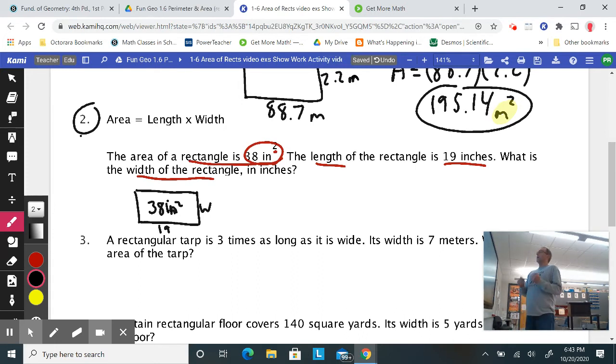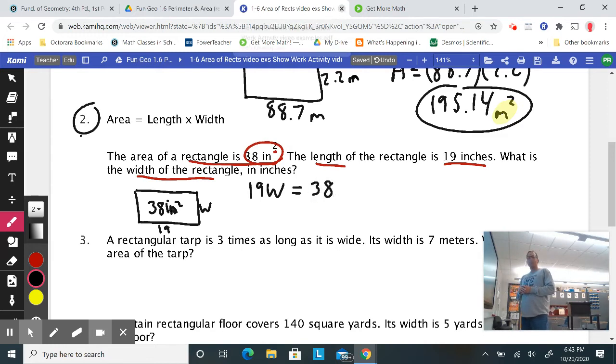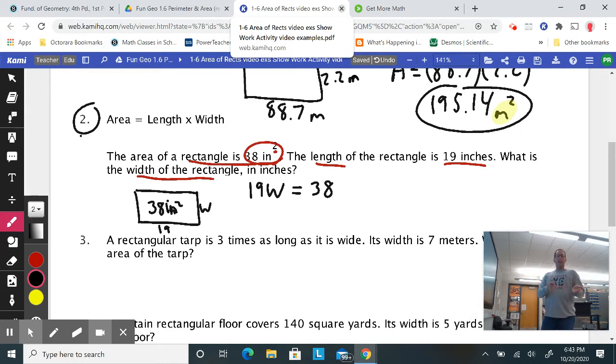So think about it. The area formula is length times width. So if the length is 19, you put 19. The width we don't know, so times W, equals the area. So you have a simple equation. Length times width is 38.